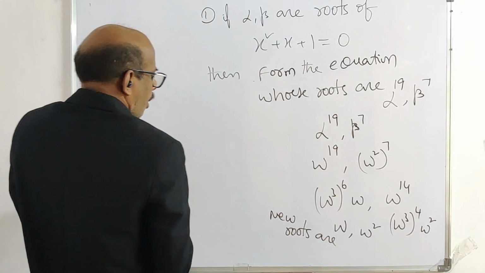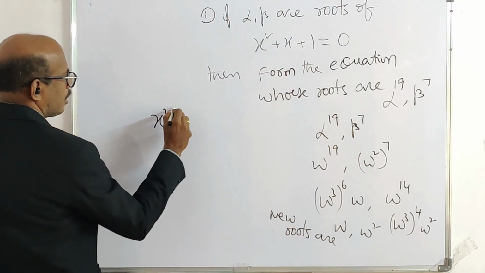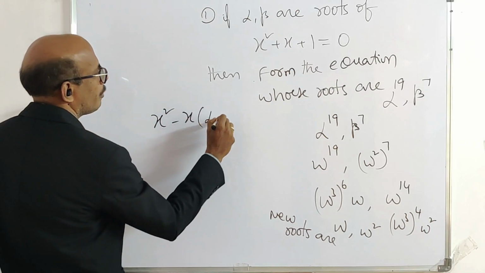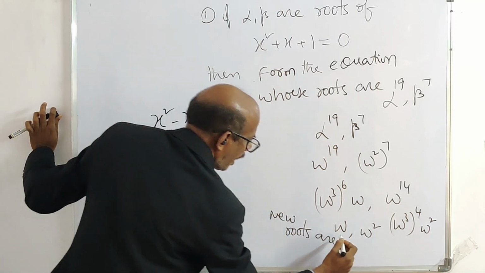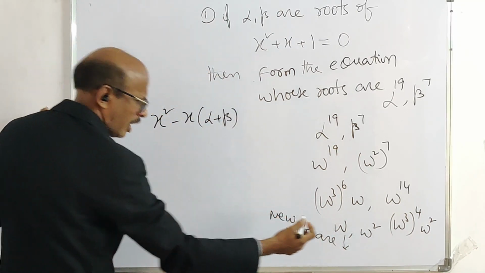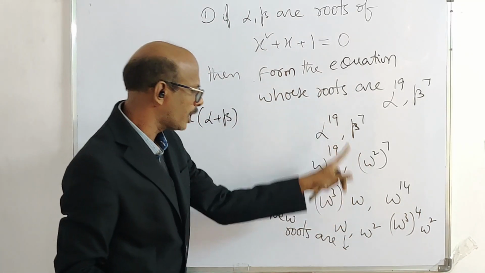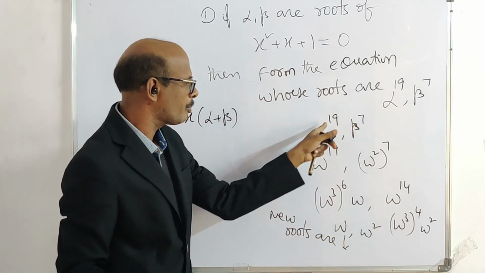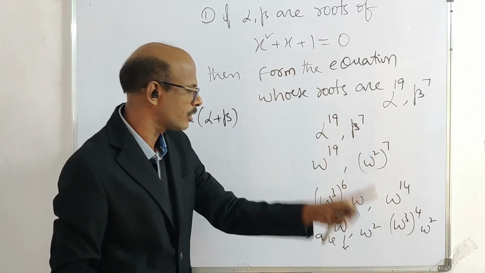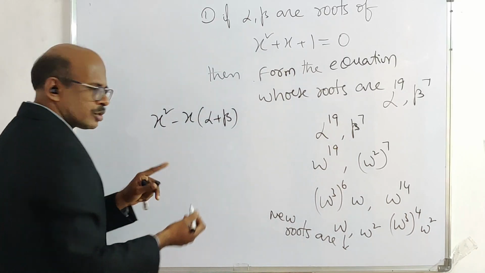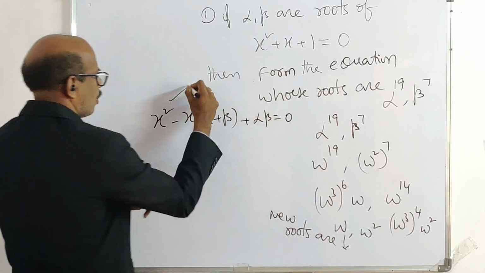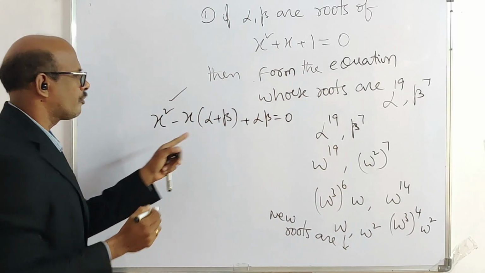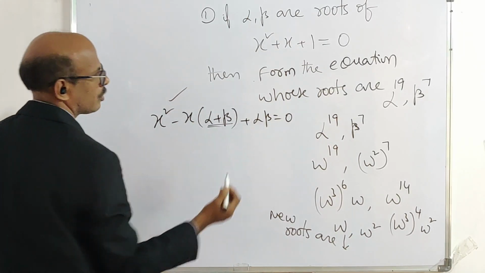Now, based on the new roots, the equation is x square minus, you know very well, formation means the new roots obtained: alpha power 19 becoming omega, beta power 7 becoming omega square. In the formation of the quadratic equation, we need the sum of the roots and the product of the roots.